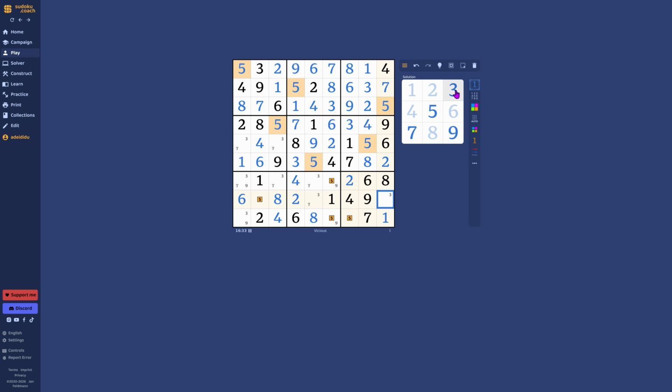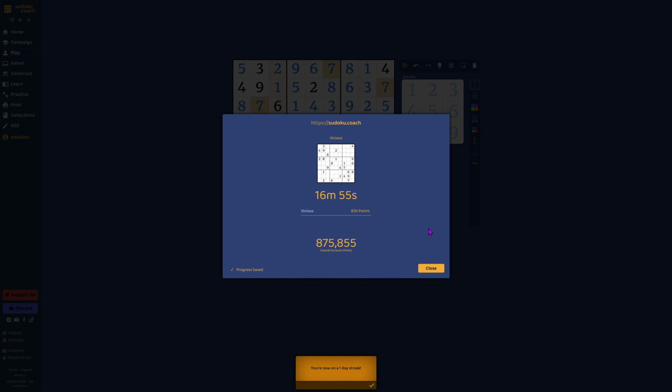So this puzzle was solved at the end with a skyscraper. They are very useful in solving more difficult puzzles. 7, 5, 3, 9, 7, 3. Yay! 16 minutes.